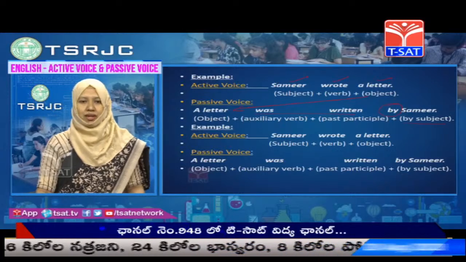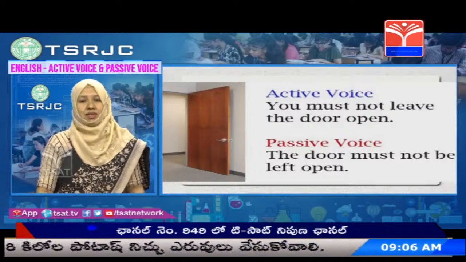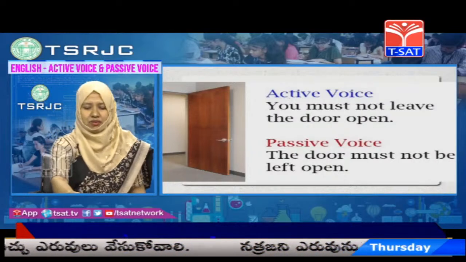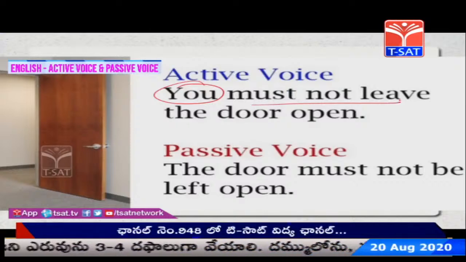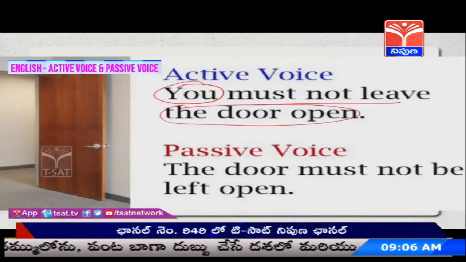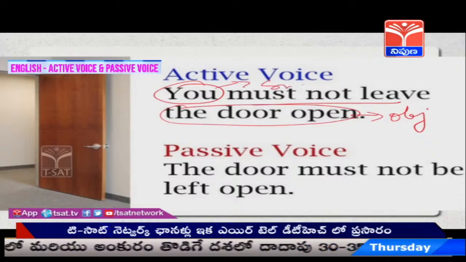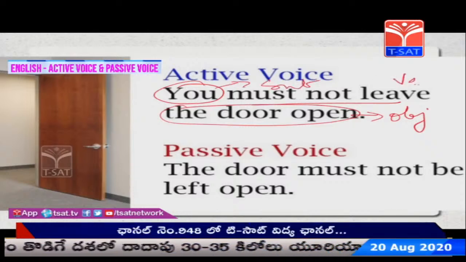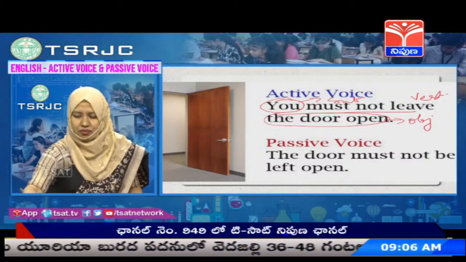Let us take one more example. You must not leave the door open. This is an active voice. The subject, verb, modal auxiliary verb plus main verb, and the door is the object. This is the subject and this is the verb. Now, how will you change into passive voice?